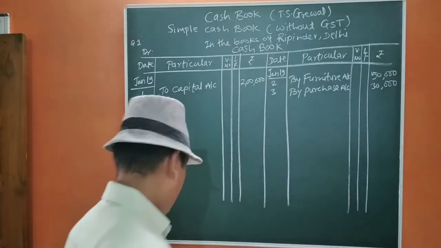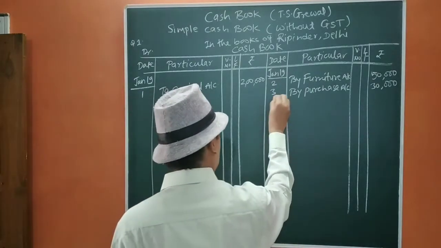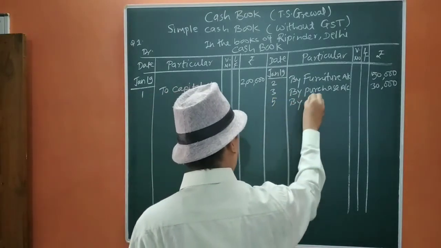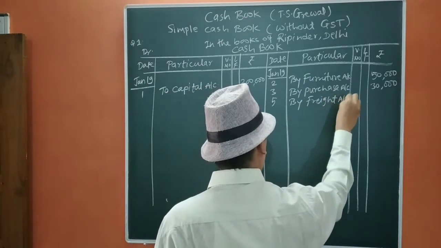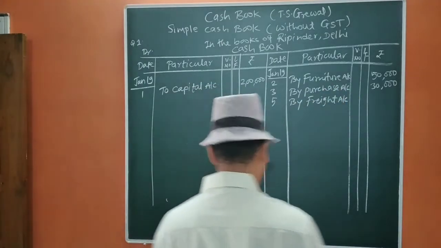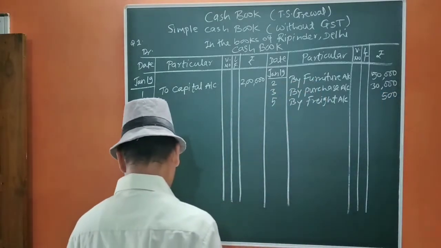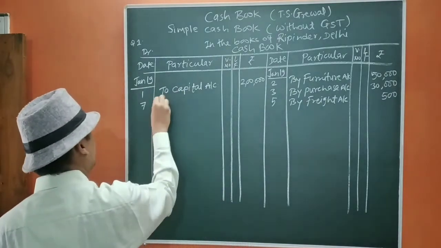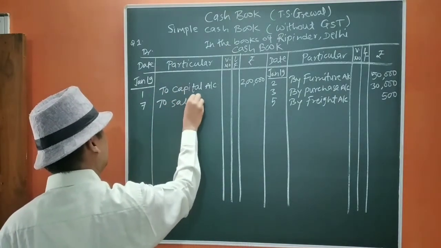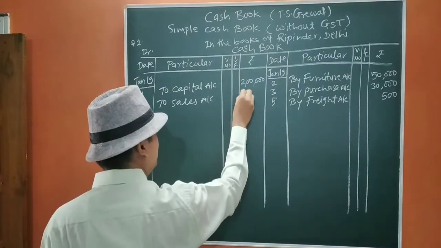Then the transaction January 5, paid freight, so by freight account, the amount is 500. Then on 7, sold goods for cash, so to sales account, the amount is 28,000.